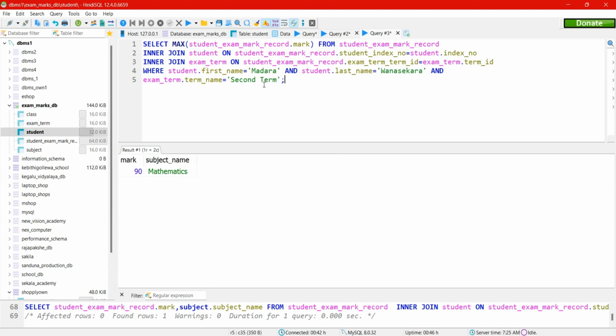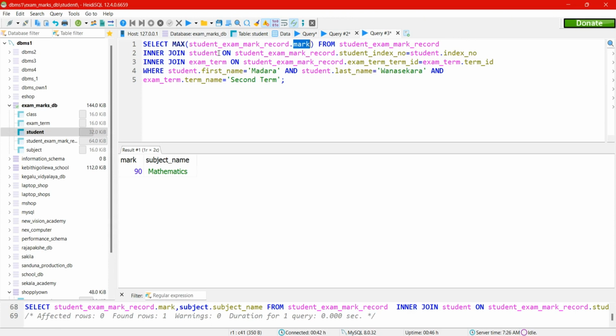So guys, this is the query for the final question. You can see here we have used the keyword called maximum to find out the highest value. So we need to find out the highest mark here. After that, we have joined two tables, the student table and the exam term table.